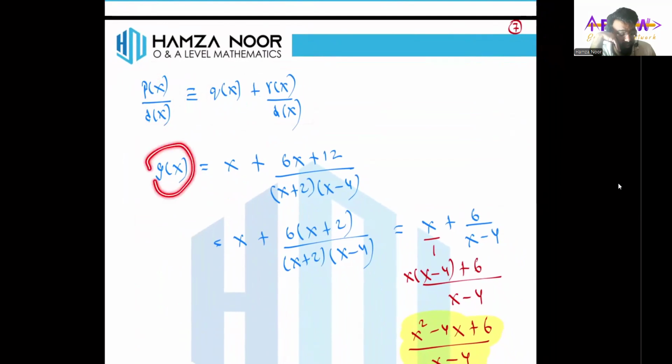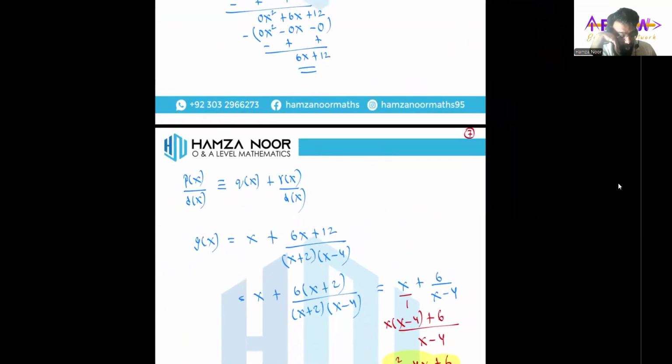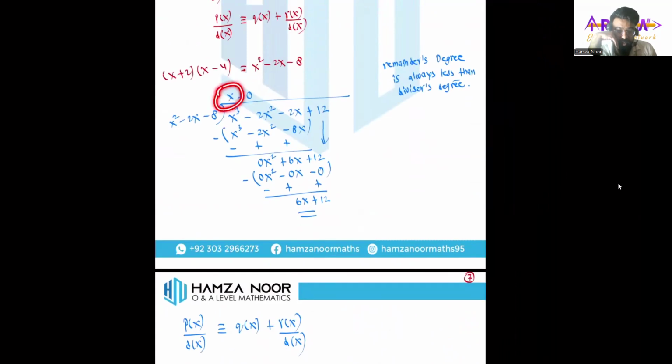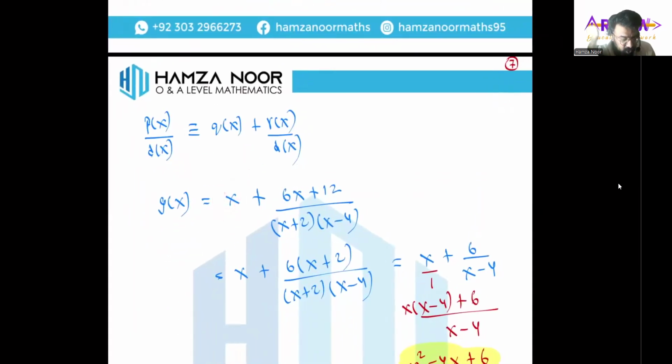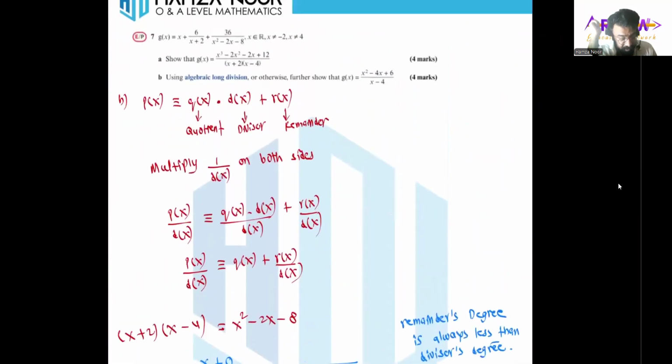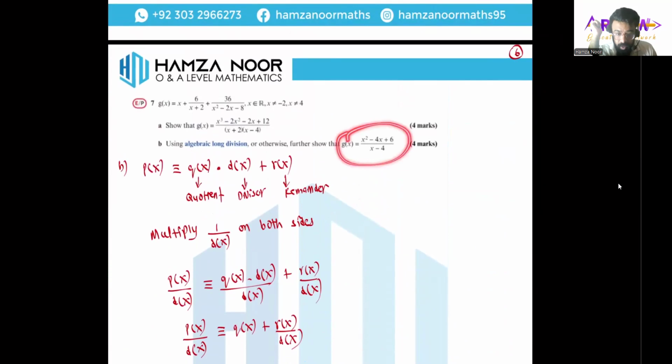So now g of x has become like this. The quotient is just simply x. If I say x plus 0, or simply x, both mean the same thing, right? Agreed. So x plus 6x plus 12 divided by x plus 2 times x minus 4. But we need a specific form, a specific requirement.